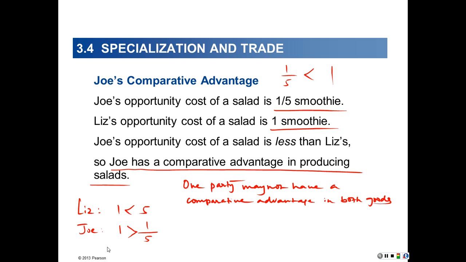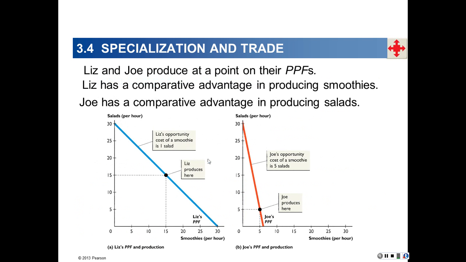Now in the last 6 minutes or so that I have, let me proceed from here. Right? So here are the two PPFs. We've already drawn these, correct? So the blue line is Liz's PPF, the red line is Joe's PPF.